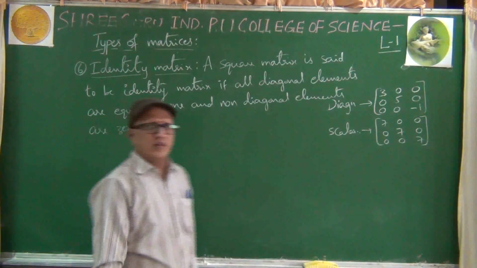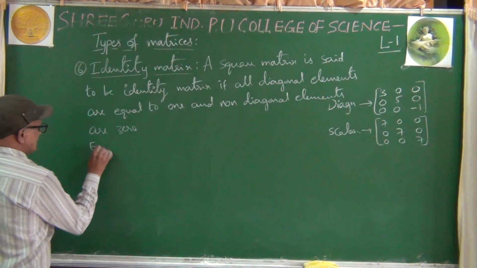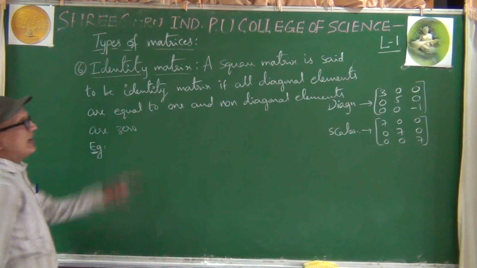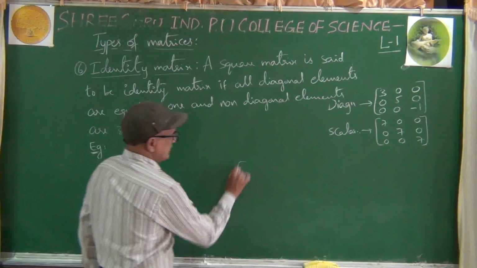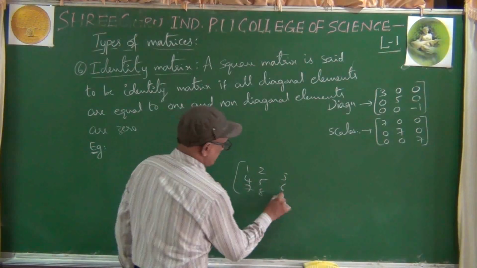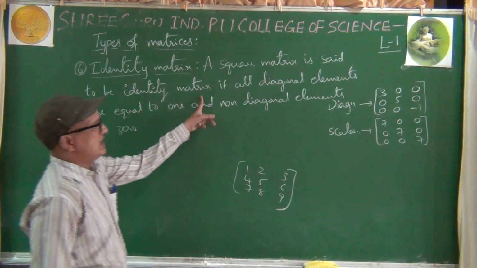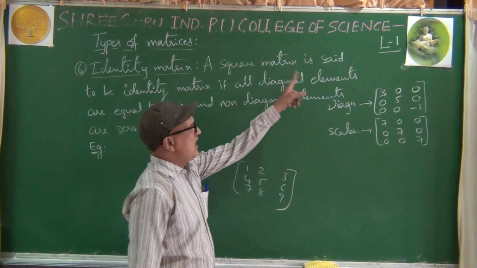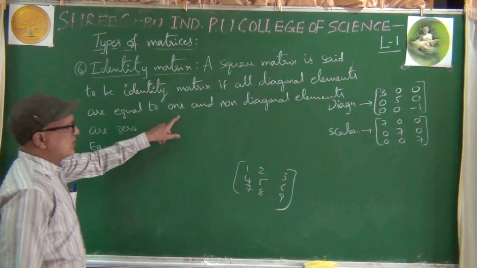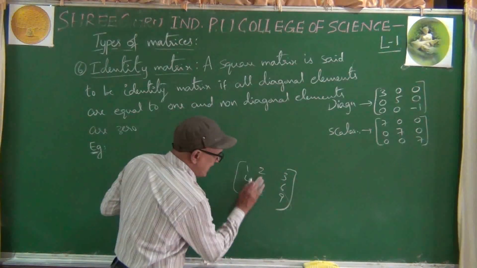That's it. Very clear. A square matrix is said to be an identity matrix if all diagonal elements are equal to 1. All diagonal elements should be equal to 1.